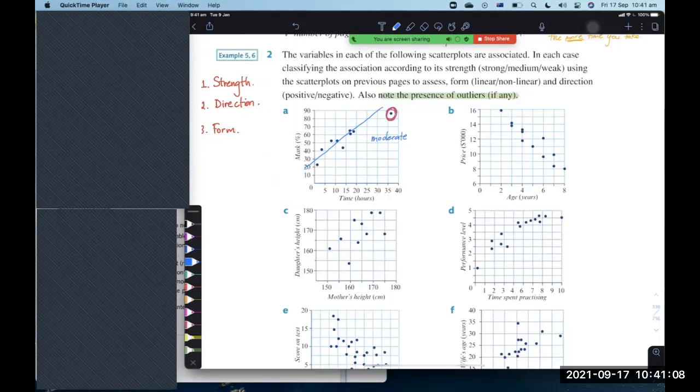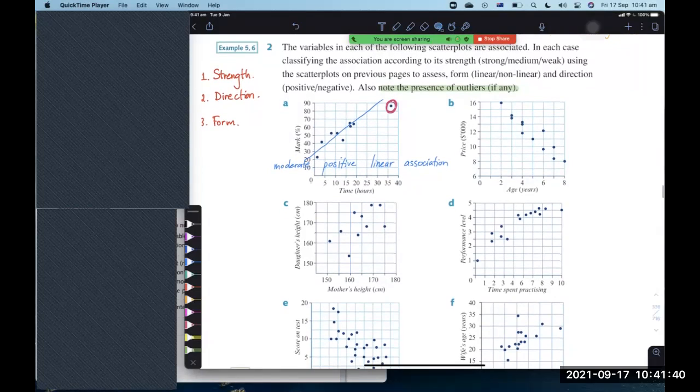The direction is positive because it's going up, and the form is linear. So it's a moderate, positive, linear association. So we write this as one whole phrase. You put all those ideas together and it strings a phrase that accurately describes what you're looking at. Cool. Thumbs up or thumbs down?